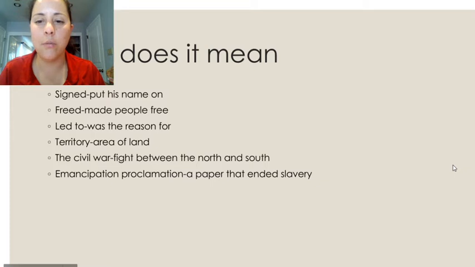Number 6, Abraham Lincoln was president during the Civil War. Remember, what does during mean? Yes, he was. Number 7, George Washington freed the slaves.